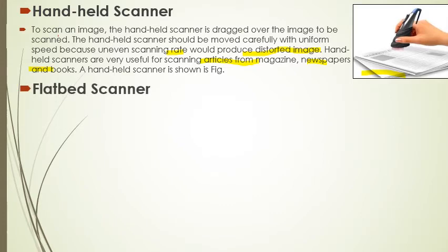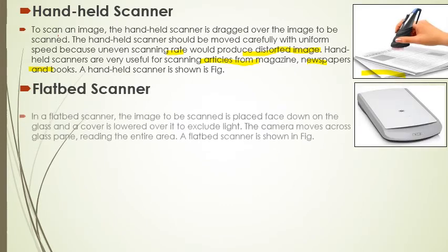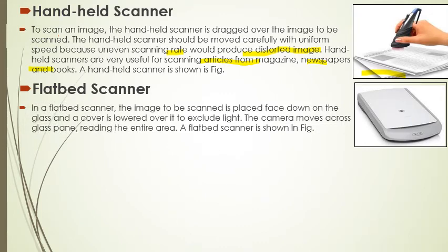The other one is the flatbed scanner. This is the typical scanner which we normally use in offices or at home. The image or picture is placed inside it face down on a glass, and a cover should be on top.